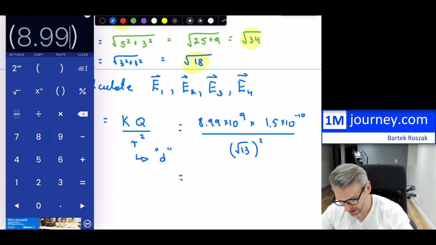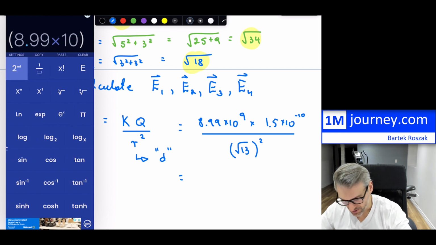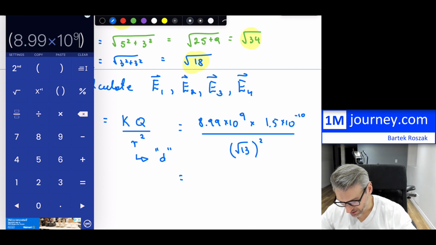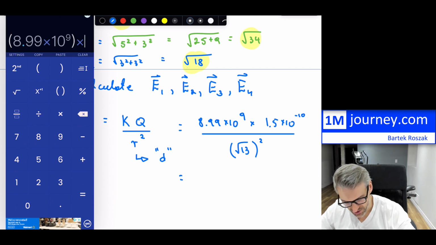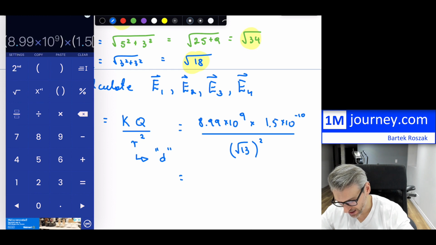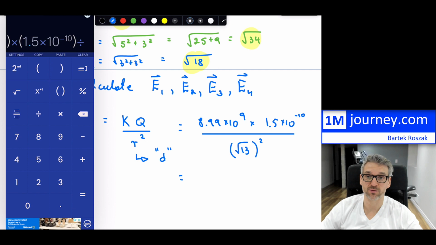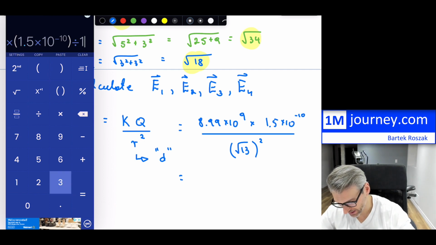So 8.99 multiplied by 10 to the 9, and then it's going to get multiplied by 1.5, that's the charge itself, times 10 to the exponent of negative 10, and then divided by, well, this one's easy because it's squared of square root, so this is just divided by 13.